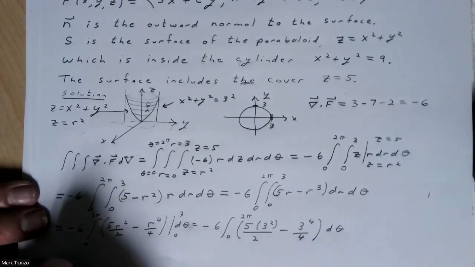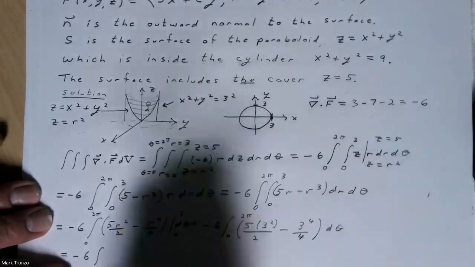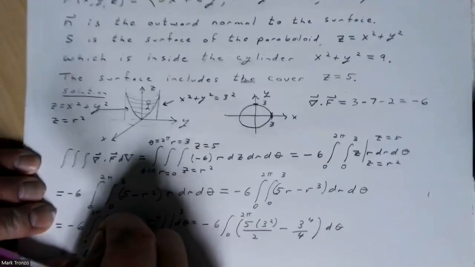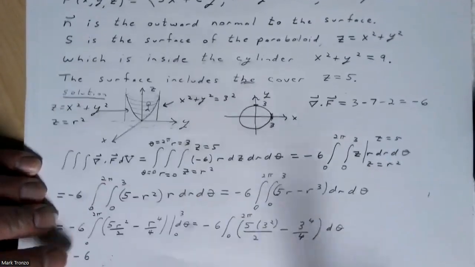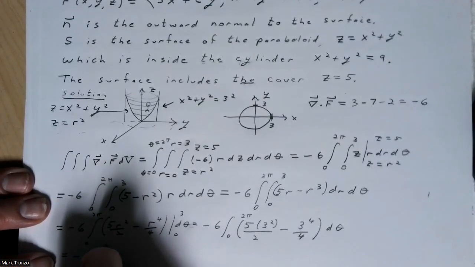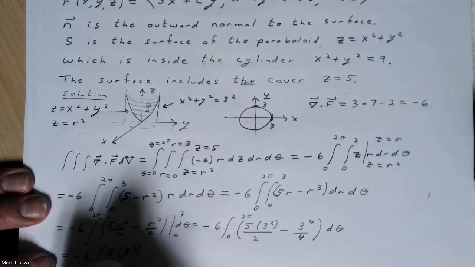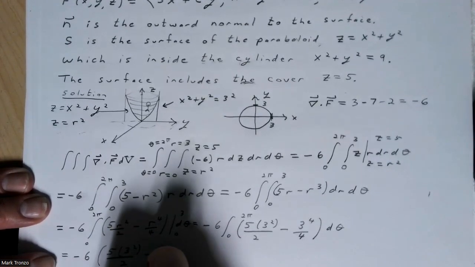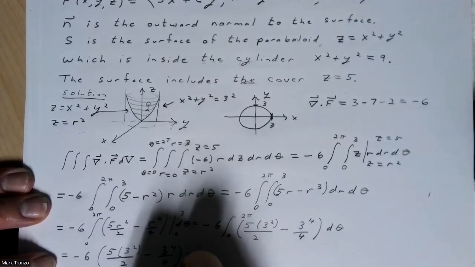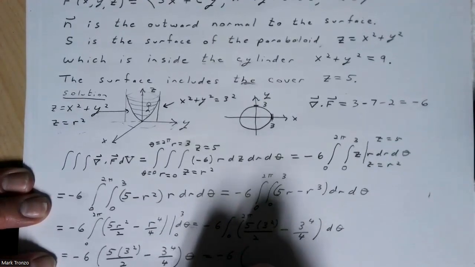And then integrate once again. And when we integrate that last time, we get a theta here, and that'll be minus 6.